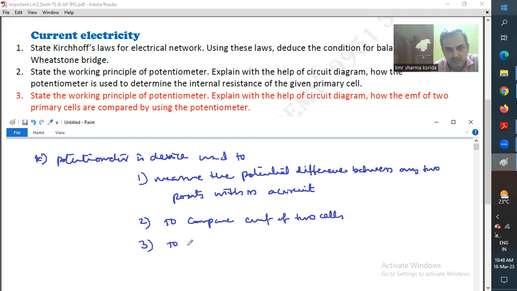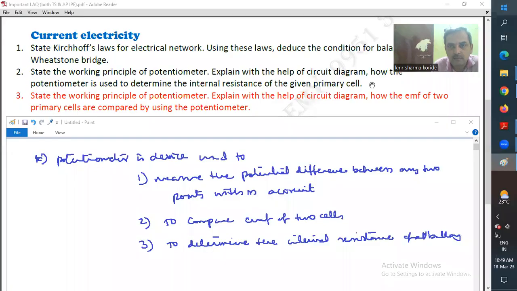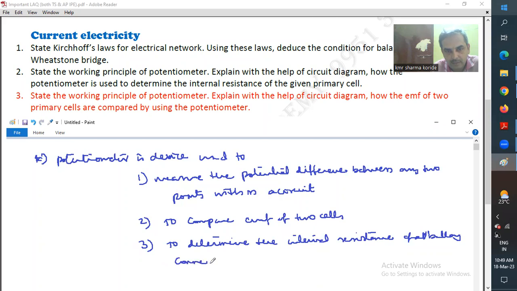Third is to determine the internal resistance of a battery connected in the secondary circuit.